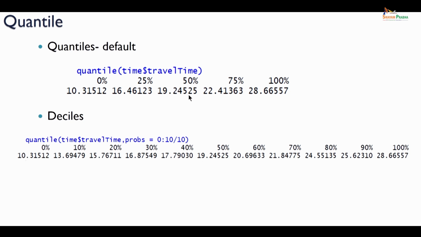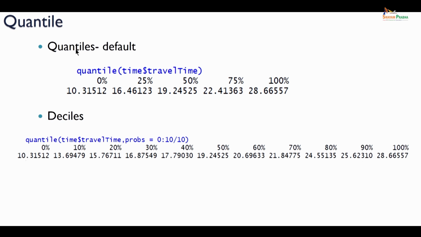If you recall, this is the first quartile, this is the second, this is the third. The second quantile is nothing but the median, which has a value 19.24. How will you interpret these values? It means that 25% of the data has travel time which is less than or equal to 16.46. That is how you interpret the result.